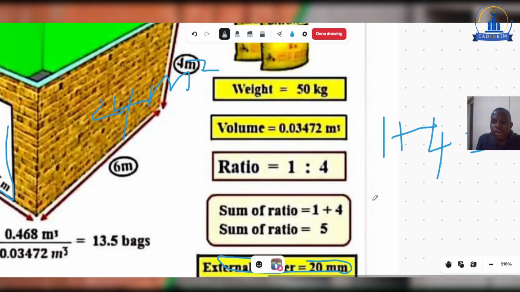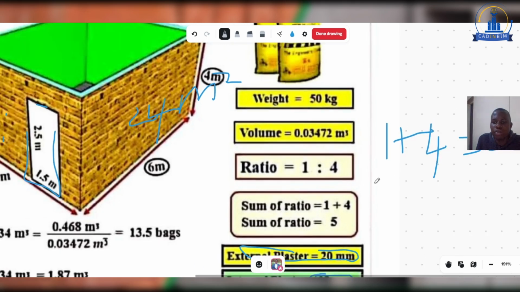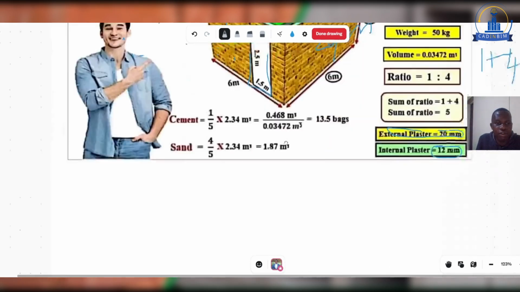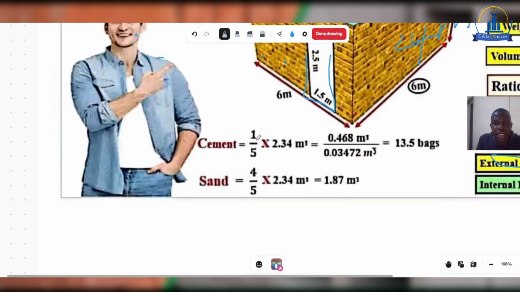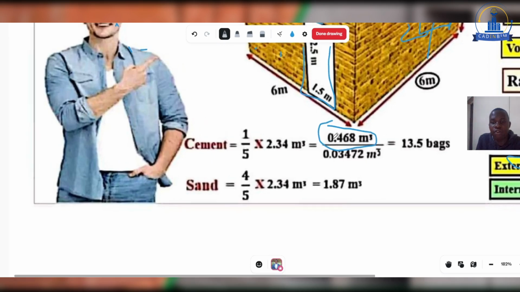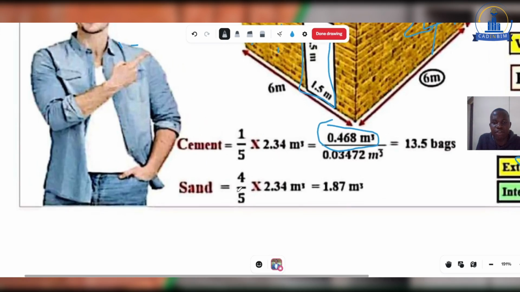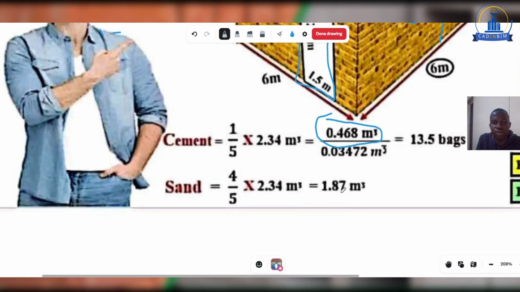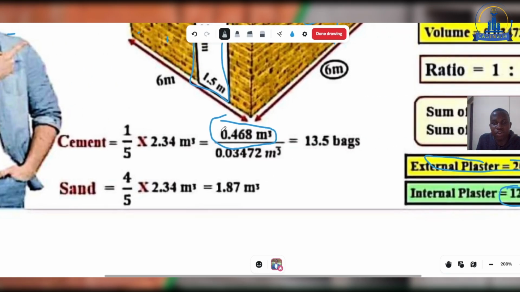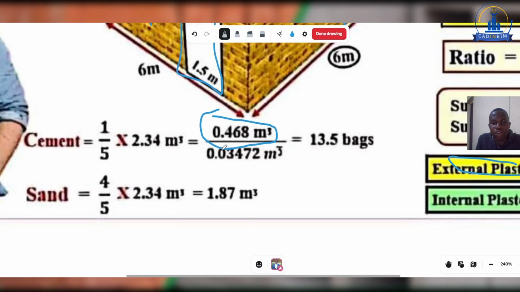So for every one bag of cement, we'll have 4 wheelbarrows of sand. Therefore, you take 1/5 multiplied by the total volume to get the volume of cement that we need, and 4/5 multiplied by the total volume to get the volume of sand.